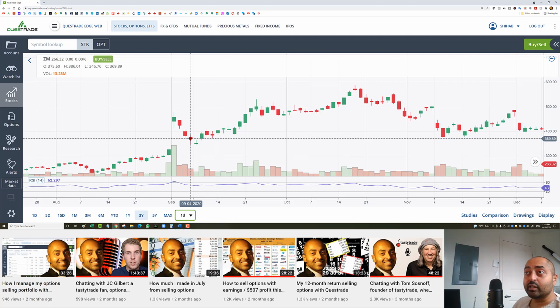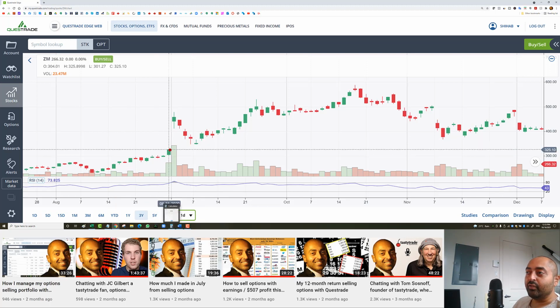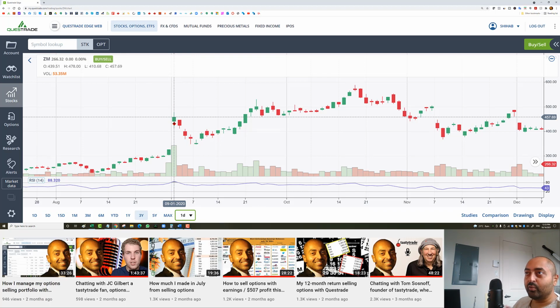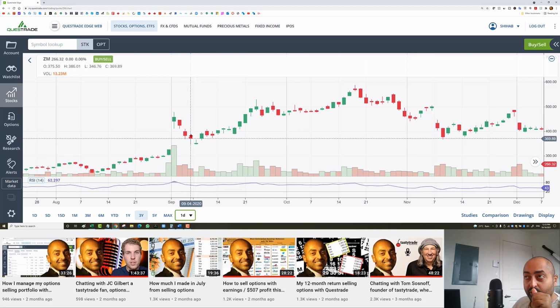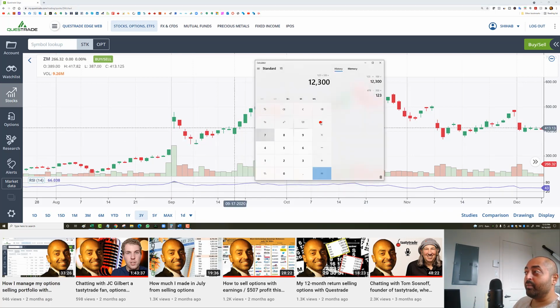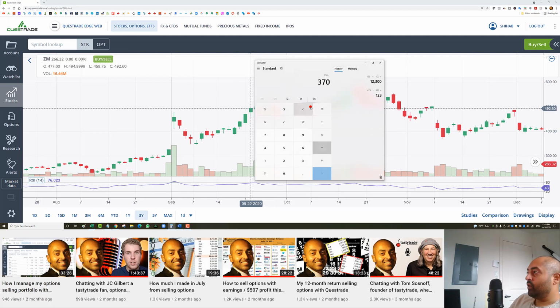So if you had held to expiry, this short straddle, you would have still lost, but much, much less. But if you had tried to close your short straddle right after earnings, you would have lost at least $12,000. But if you had held to expiry, it closed at 370. Your break even, remember, is 355. So you would have lost $1,500 in this situation.